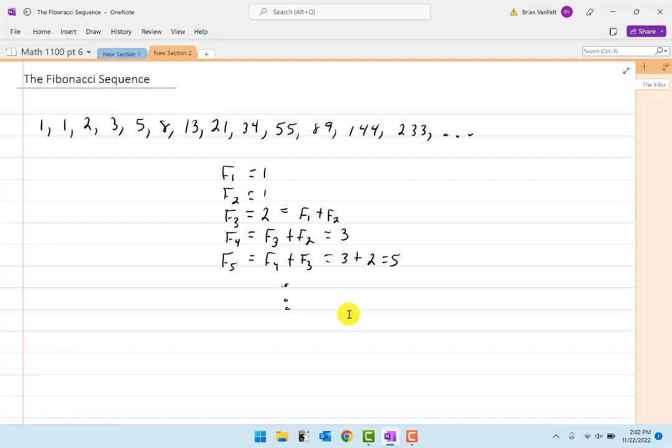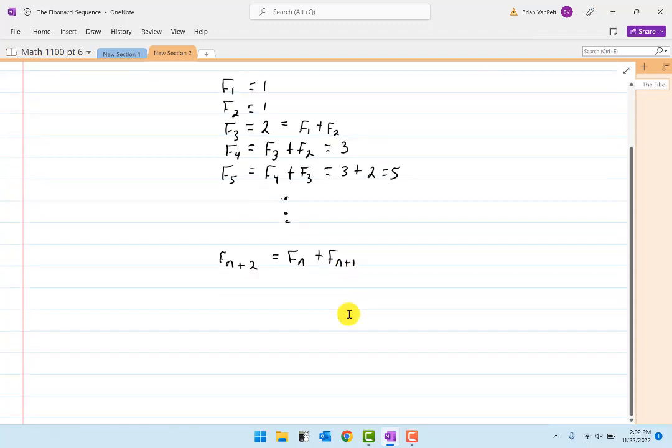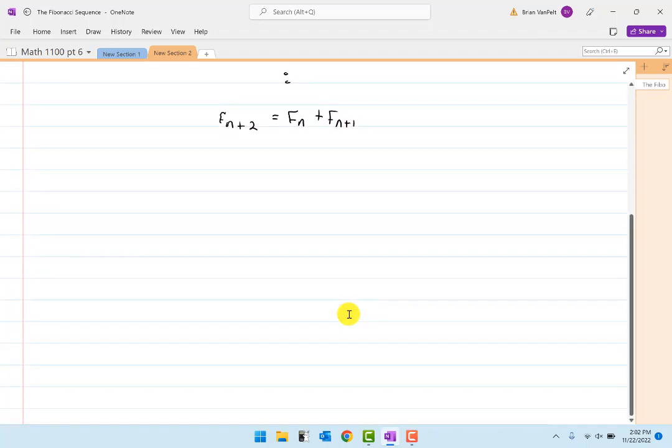In general, the formula looks like this: f of n plus 2 equals f of n plus f of n plus 1. You'll see different formulations. It just depends. Just as an example, if I want F13, that equals F11 plus F12.